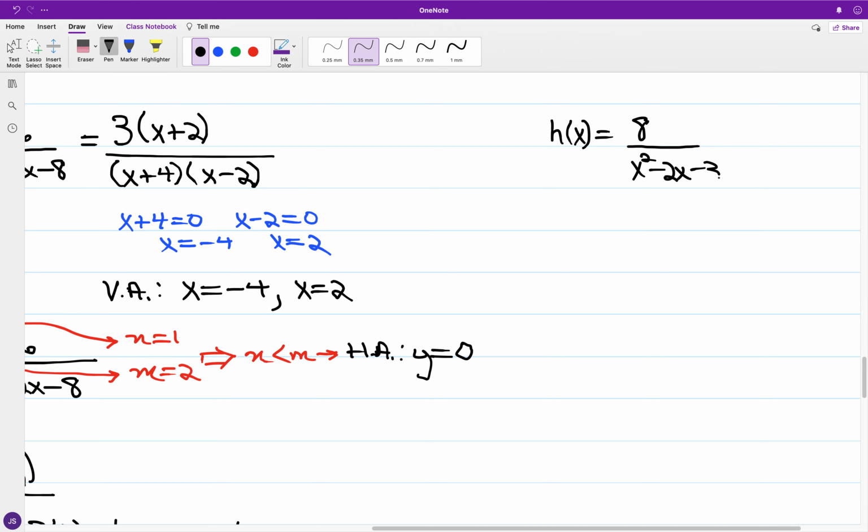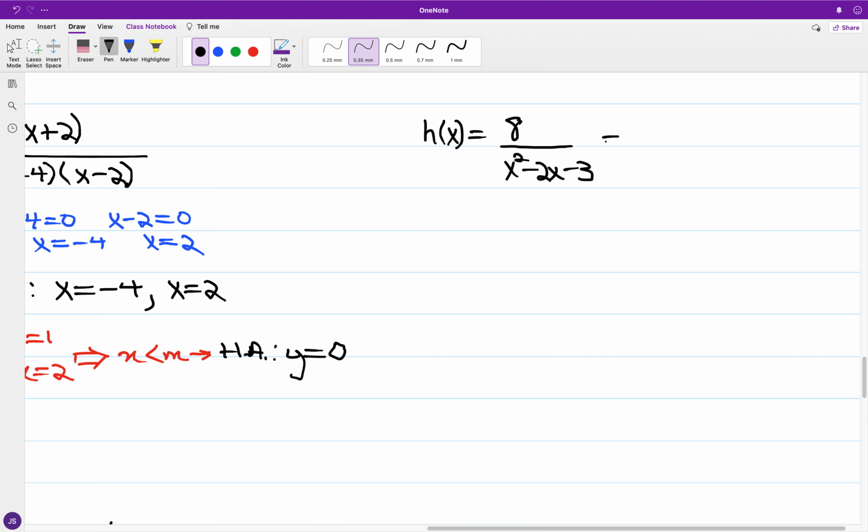If I write this out in factored form, x squared minus 2x minus 3, the binomial factors are x plus 1 and x minus 3.